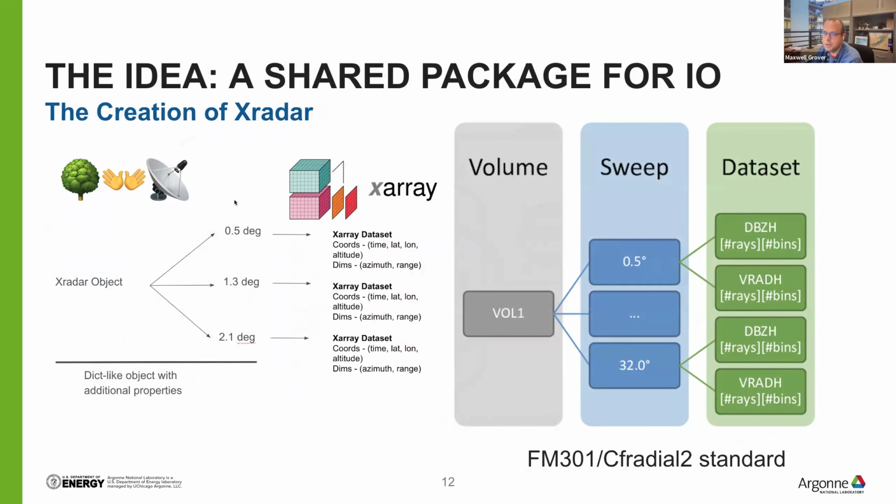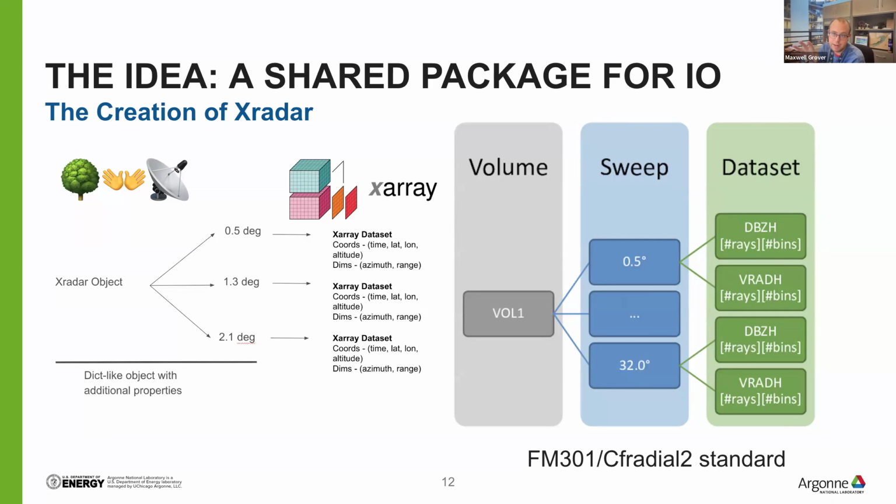So especially with the creation of DataTree and this new data model, the CF-Radial-2 FM301 standard, which basically uses HDF groups, we came up with XRadar, which is basically an in-memory representation of the FM301 CF-Radial-2 standard. The idea is that each of those elevations, like I was showing before, sweep 0, sweep 1, sweep 2, and so on, would be stored in its own node within the data tree.